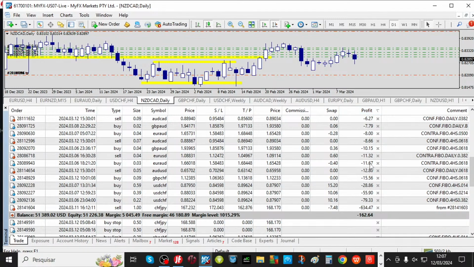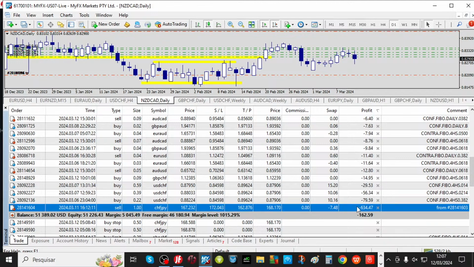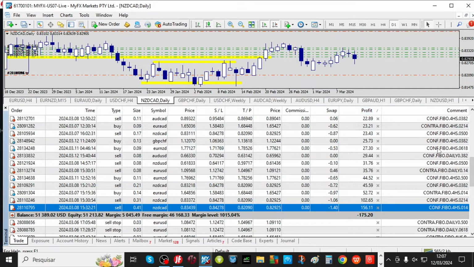Now this is not CHF JPY, it's a Lambo trade. But if this trade would not be here, with a floating loss of 600, we would be in profit 500 already. So all of these are the Fibonacci trades.